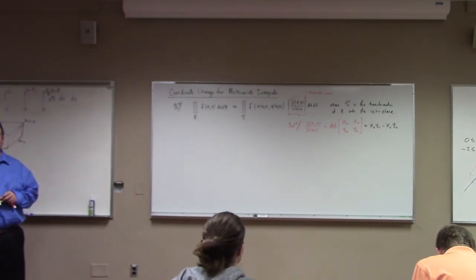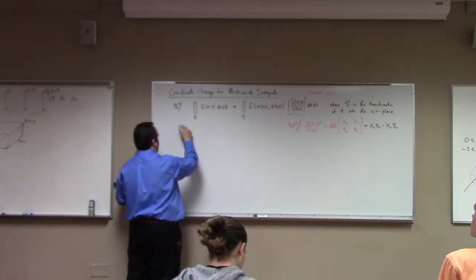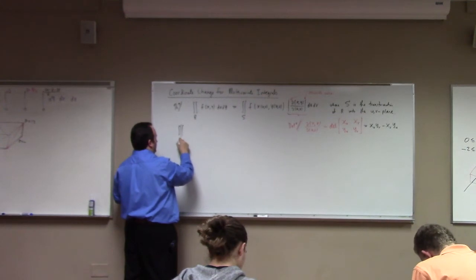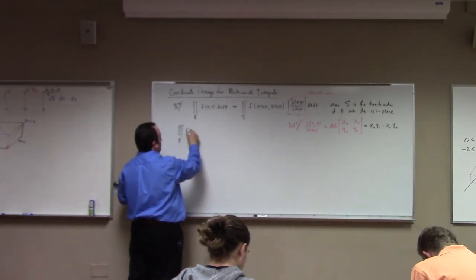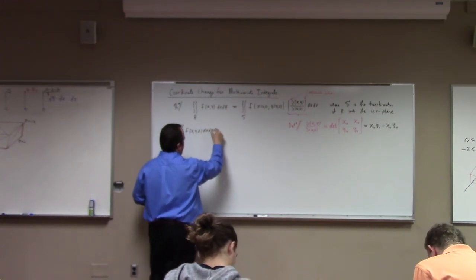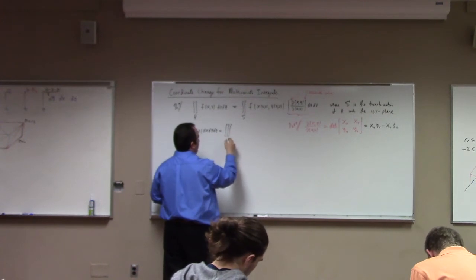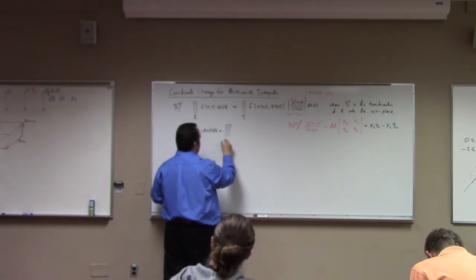There's a three-variable version of this. For three variables, you've got your integral over B of f of x, y, z, dx dy dz, and you have to transform your B to, I'll call it B tilde.